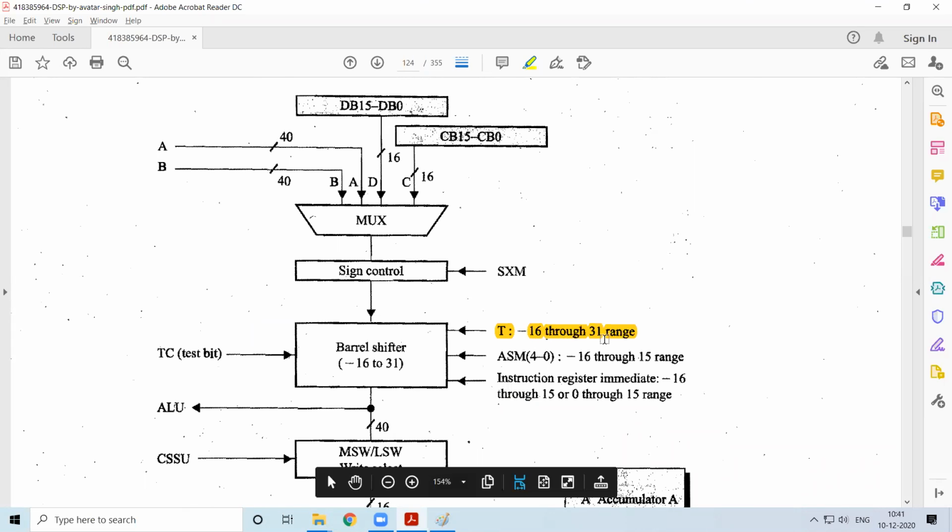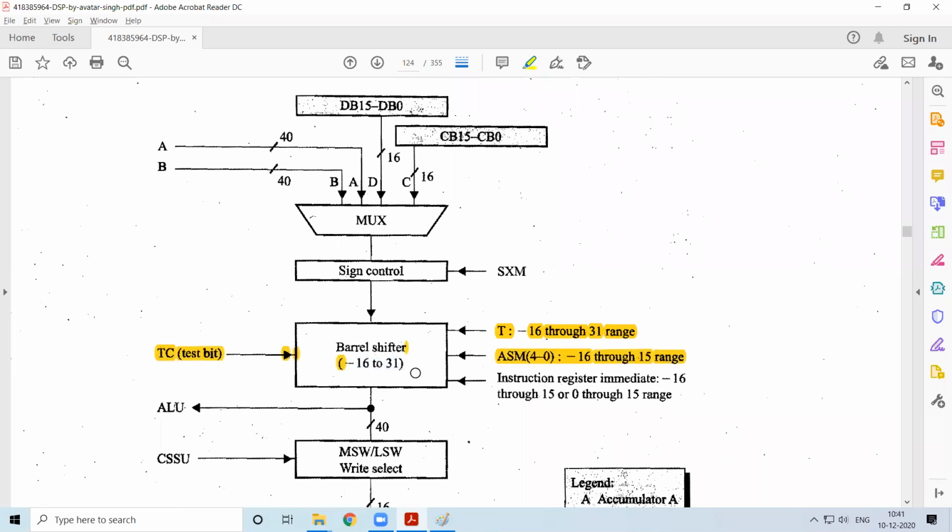So here T specifies the minus 16 through 31 range. So the barrel shifter is able to perform this operation. What does this imply? It is able to shift towards left from 0 to 31 bits, and it is able to shift right from 0 to 16 bits. This is how you read it.